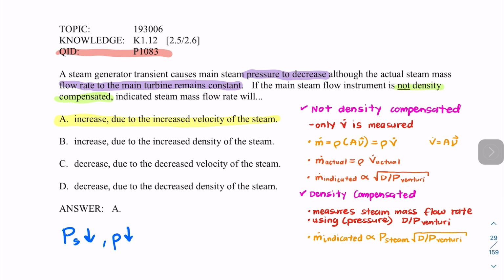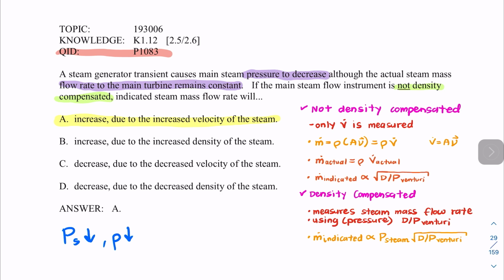So what's going to happen here? When we have a system that is not density compensated, right? Usually it's only measuring the volumetric flow rate, right?